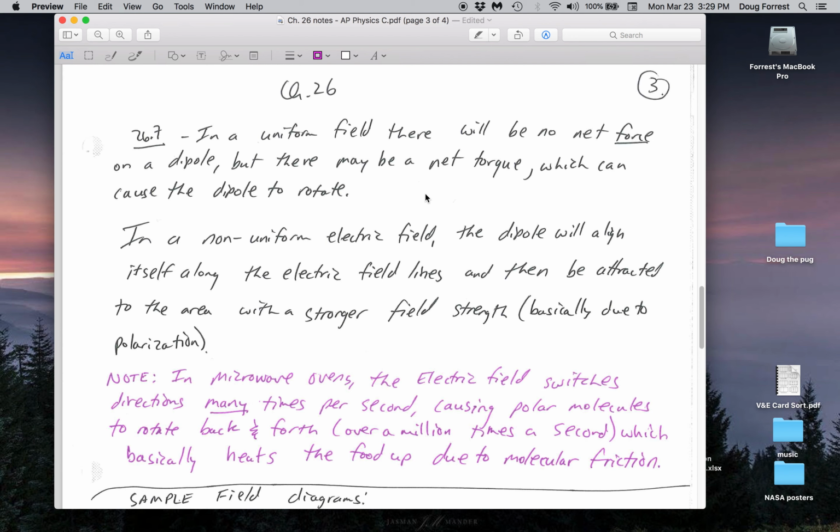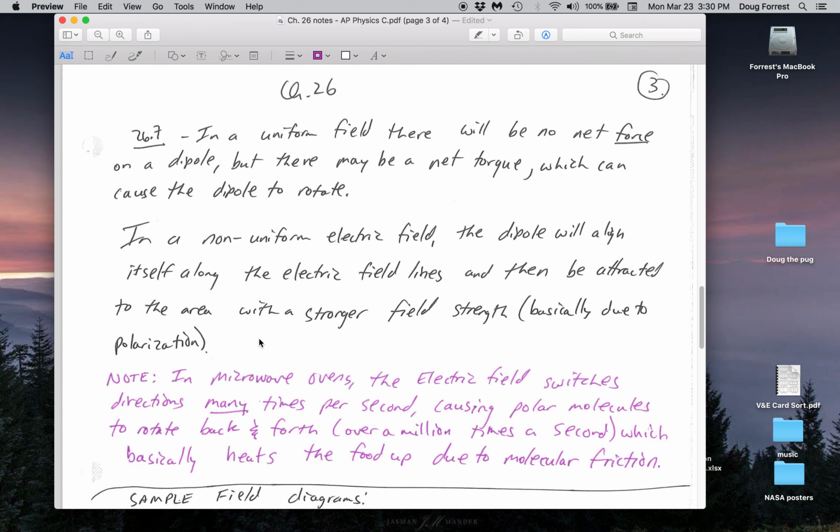You should recognize if you've got a molecule that's got a partial positive and a partial negative, if there's no net charge on it, there'd be no net force. But there can be a net torque, which is interesting, and that's shown in figure 26.29 on page 770. An idea of how you would figure that out. So the idea is, if you have something like this, it's going to align itself up.